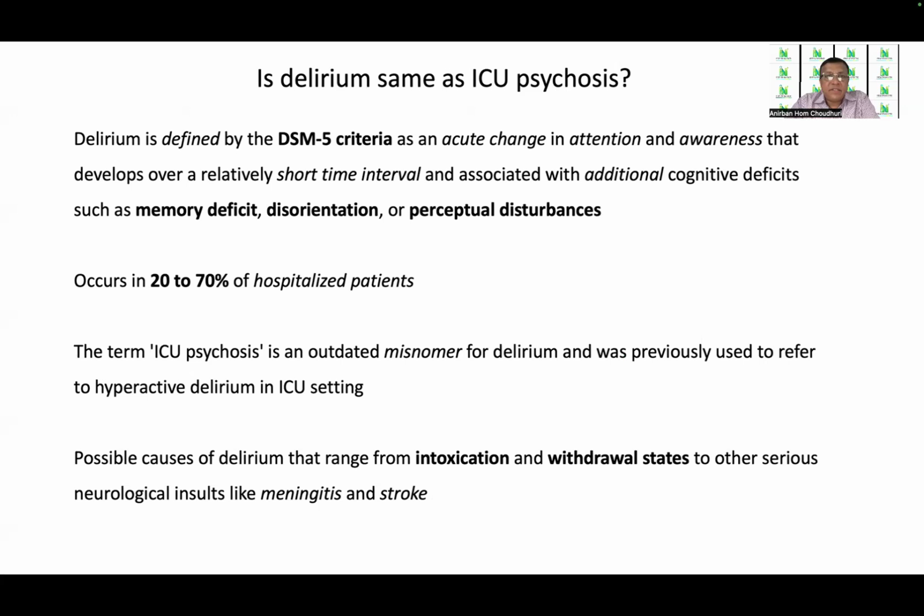If you go by the DSM-5 criteria, delirium is an acute change in attention and awareness that develops over a relatively short time and is associated with additional cognitive deficits. And these additional cognitive deficits can be memory deficit, disorientation or perceptual disturbances, or their combination, more than one of them.